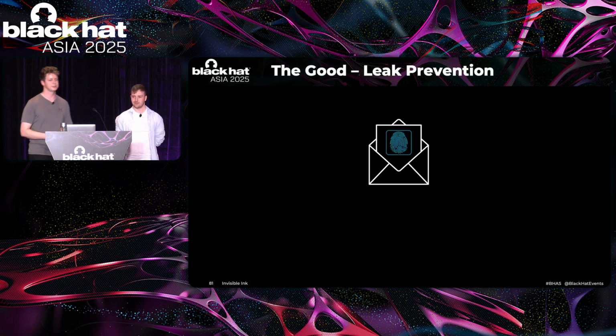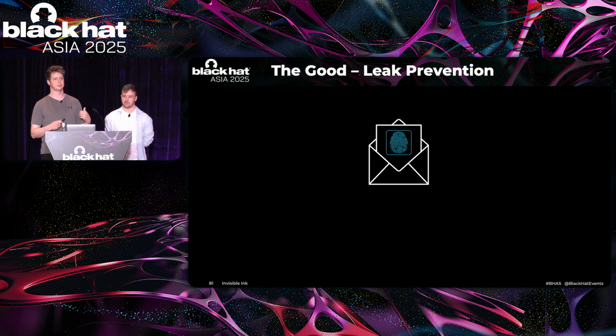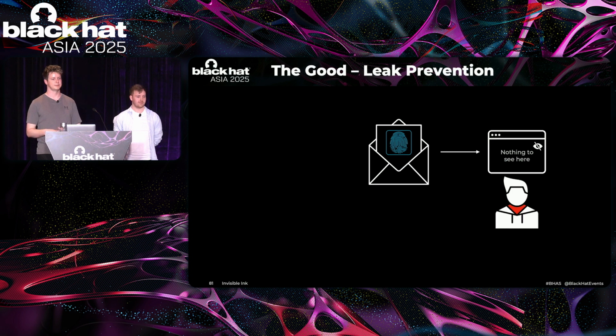For example, let's start with the good things again. You could build something to prevent leaking of confidential information. Let's say you write an email that is only visible for someone with the correct fingerprint. If someone who's not supposed to read that content comes along, you just display either nothing or just some arbitrary other text that looks realistic.